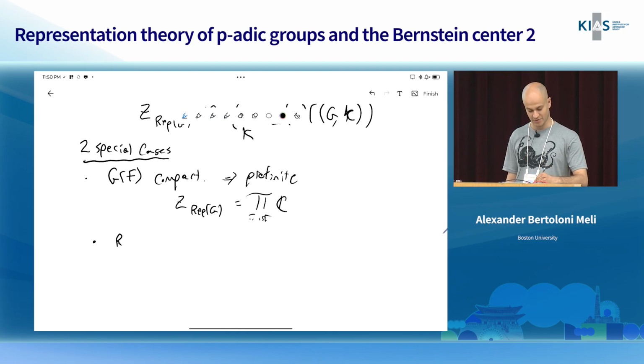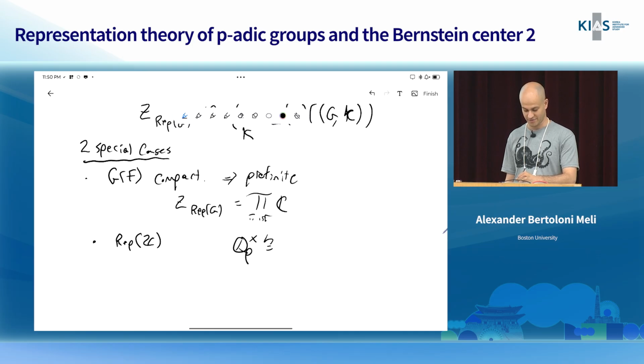So for the next example, I'm cheating. I'm going to consider smooth representations of Z. Well, Z is not really one of the groups we're considering. But the reason I'm interested in this is because Q_p^× is isomorphic to Z, given by the uniformizer, and then some compact group.